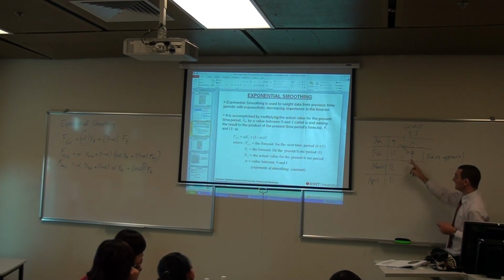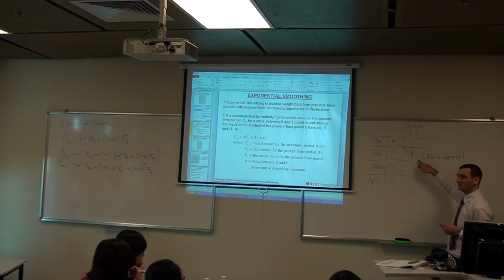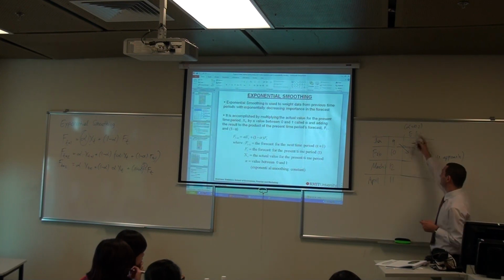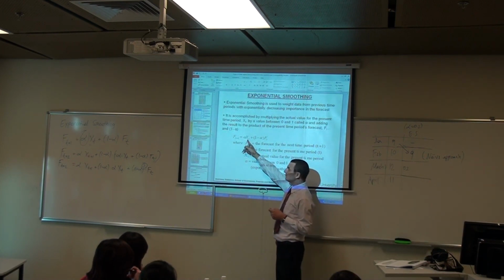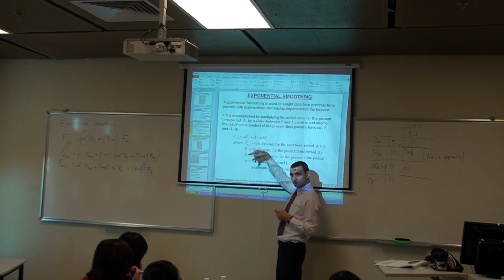And now I can apply exponential smoothing because I have both the actual value and the forecast for the same term, February. If I want to estimate March, I will do what? Alpha, 0.2, times the actual value plus 1 minus alpha times the forecast of the previous term.